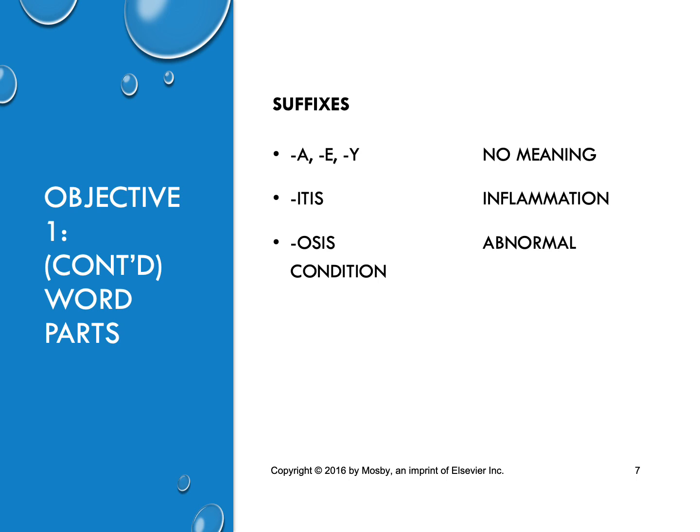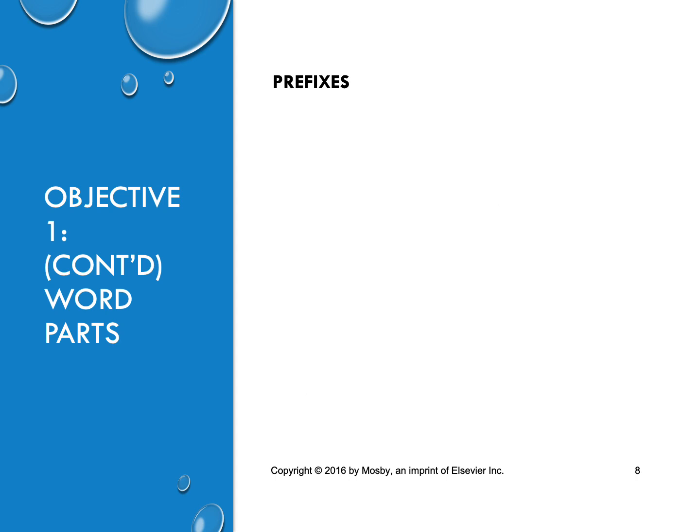Cyanosis, an abnormal condition of being blue. And then ous meaning pertaining to. Another suffix that we need to familiarize ourselves with is tomi. And this suffix means to cut into, or in size. All right?